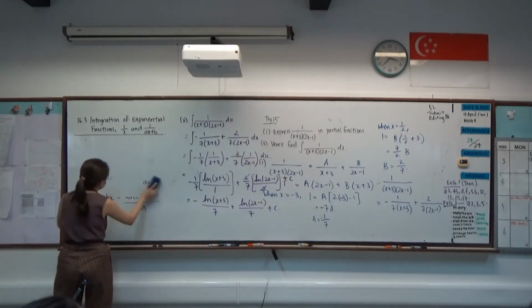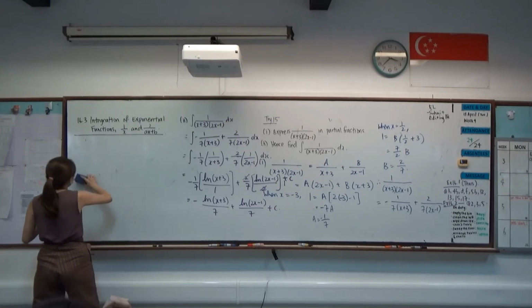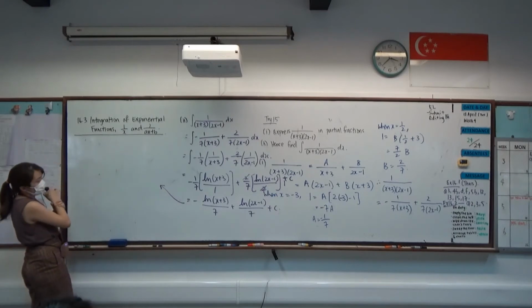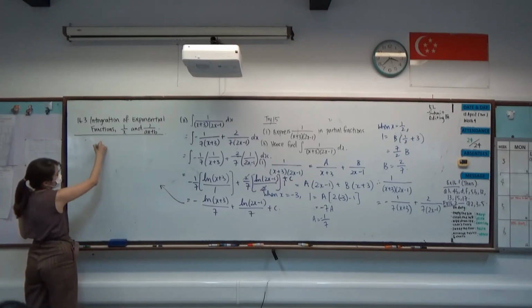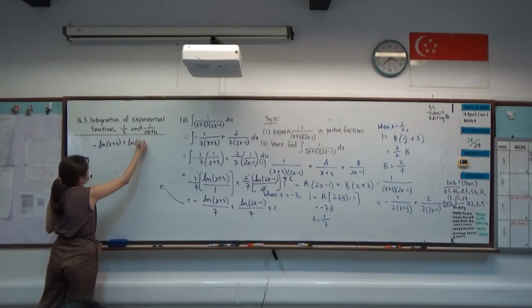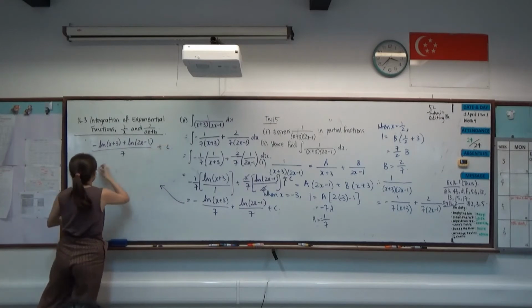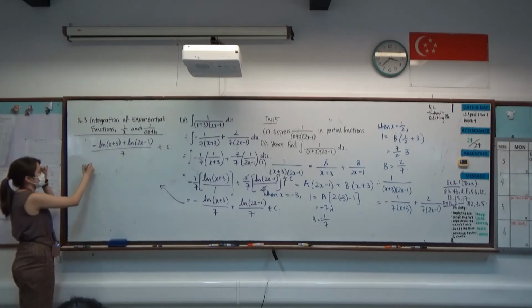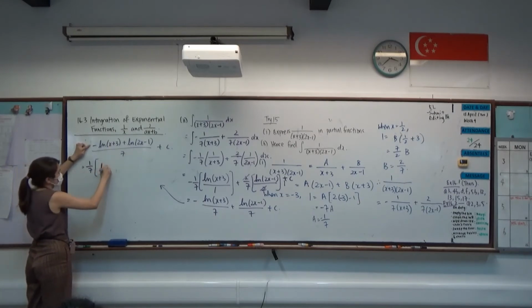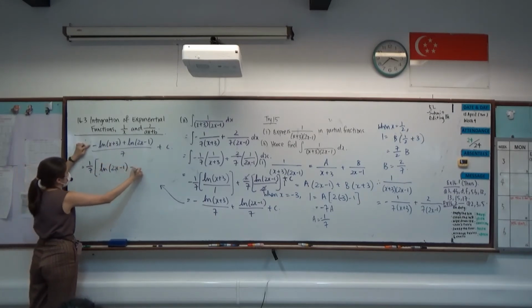Actually, this one can simplify further. So we are looking at negative ln x plus 3 plus ln 2x minus 1, over 7, plus c, which essentially is 1 over 7 multiplying with these two. So let me just rearrange that. I'll put the minus 1 at the back.